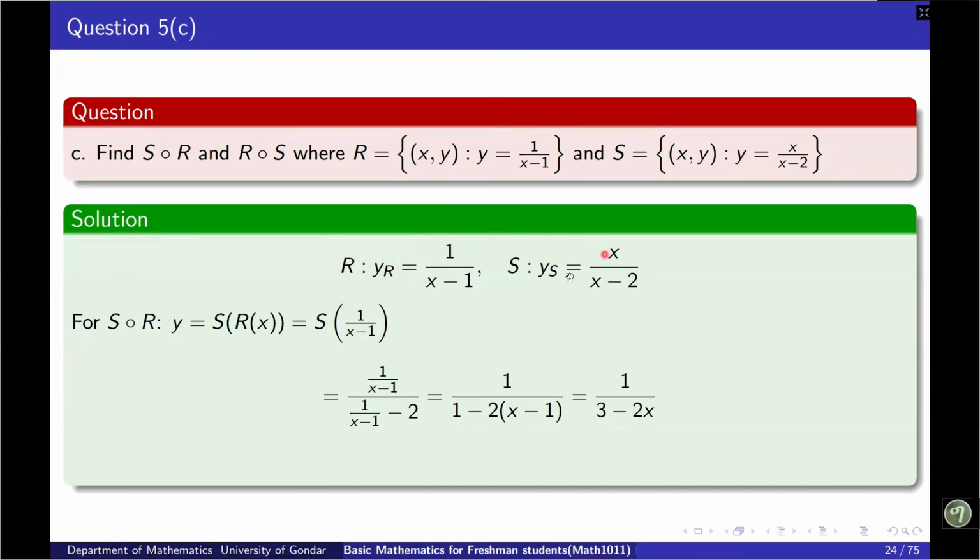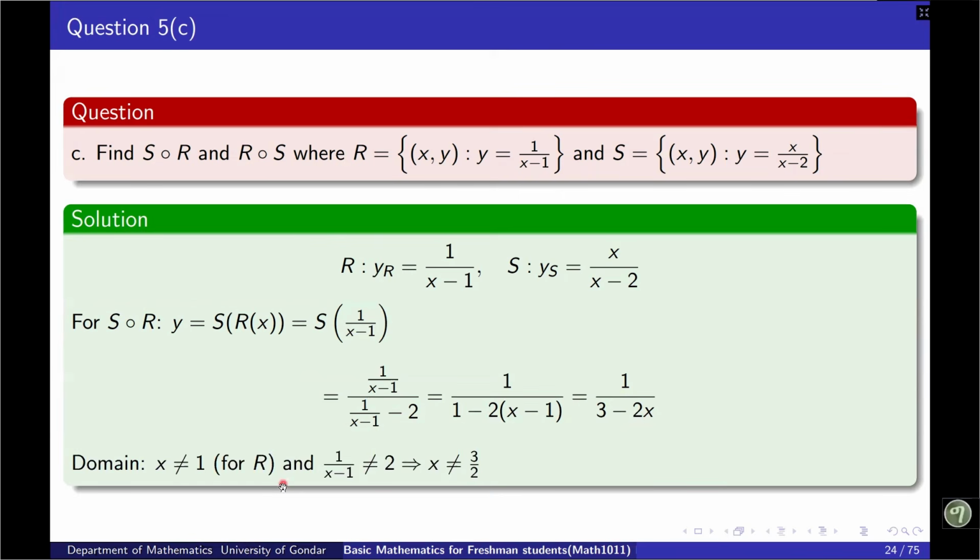So when we give 1 over x minus 1 to S, the output is 1 over x minus 1 over 1 over x minus 1 minus 2. Further simplifying, we have 1 over 1 minus twice of x minus 1, which is equivalent to 1 over 3 minus 2x.